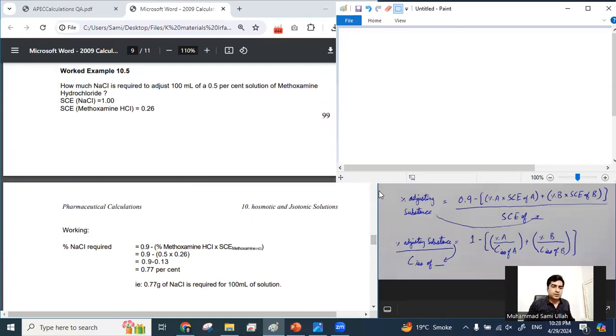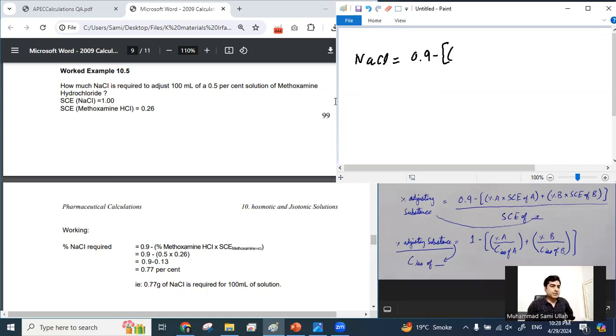Now let's start putting the values in our formula. The percentage adjusting substance is NaCl is equal to, now the value is going to be 0.9 in the formula. 0.9 minus, now what is the only substance given other than NaCl is methoxamine HCl.